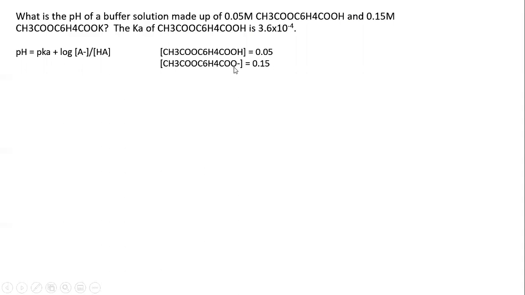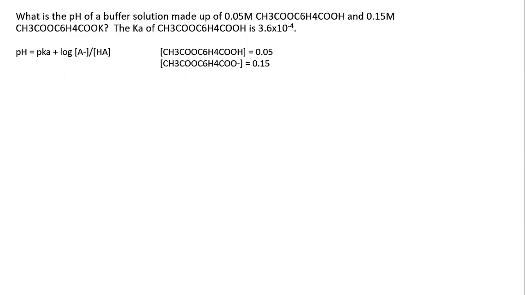That of the conjugate base is 0.15. You may ask, how do I know the first one is the conjugate acid, the second one is the conjugate base? The way I know is because we have COOH, so that H tells me it's acidic.